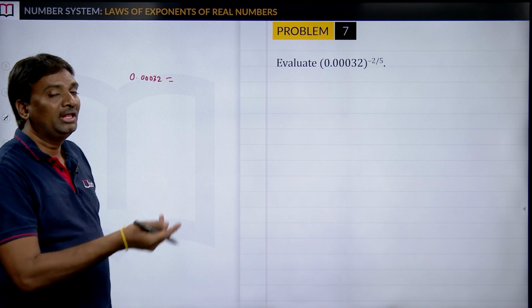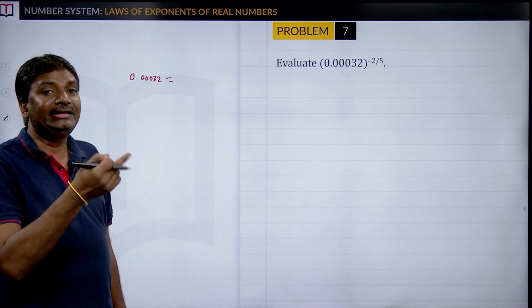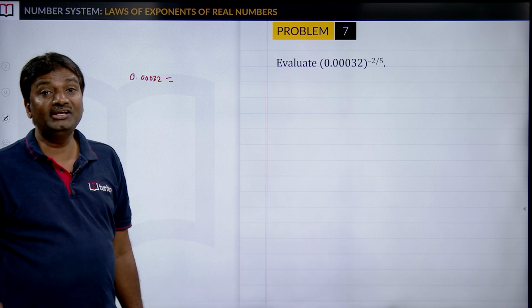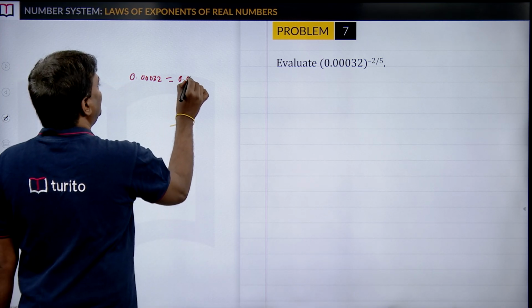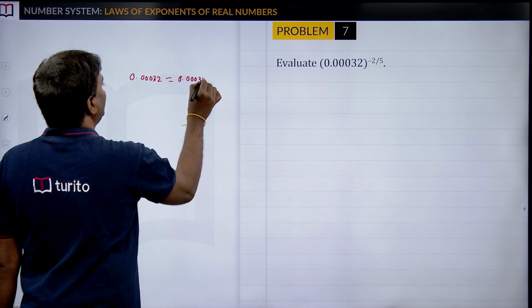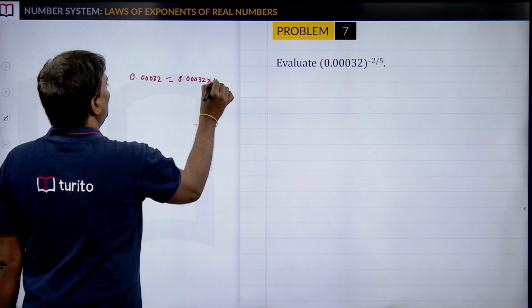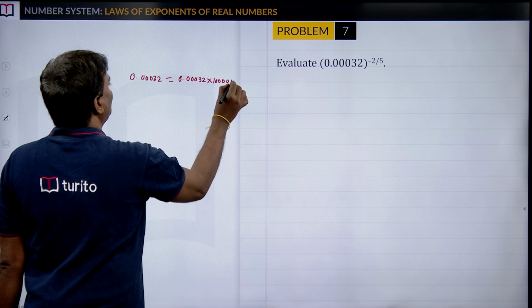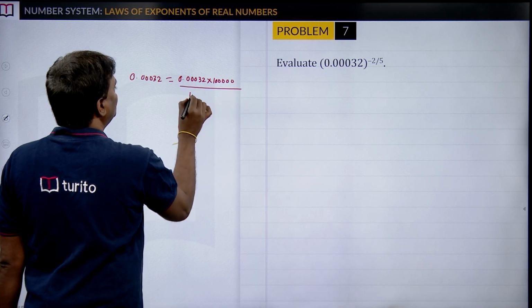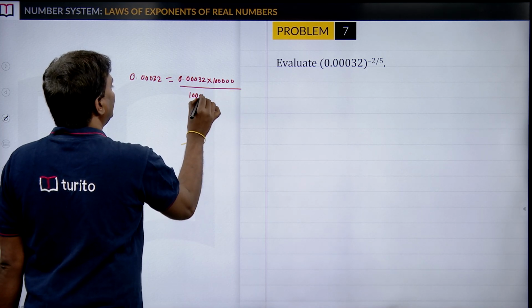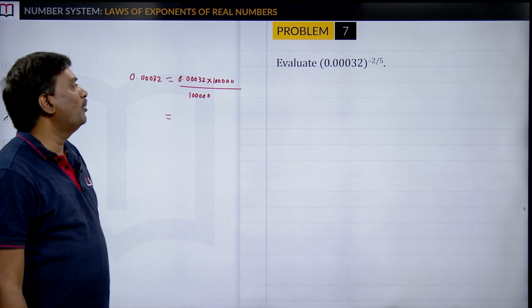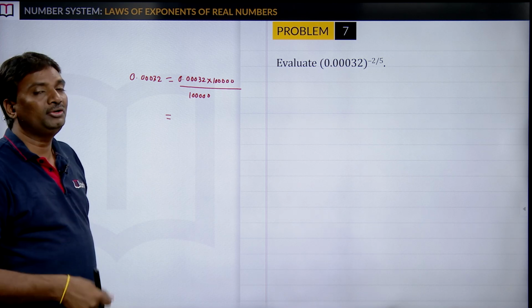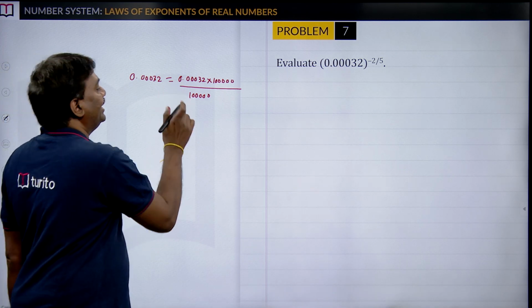So that's why you can multiply and divide by 1 lakh. 5 zeros means 1 lakh. So we can write 0.00032 into 1 lakh, and the denominator also 1 lakh. If you multiply 0.00032 by 1 lakh, you will get 32.